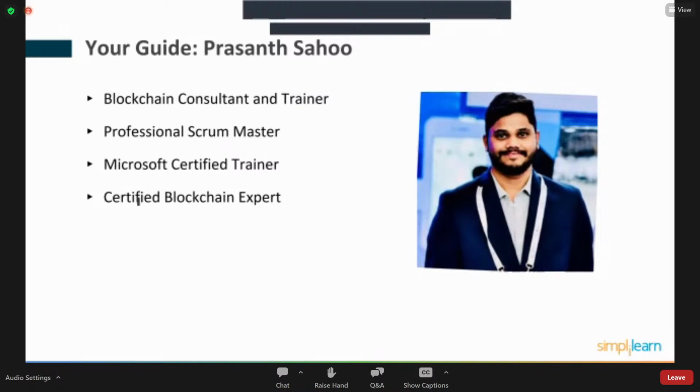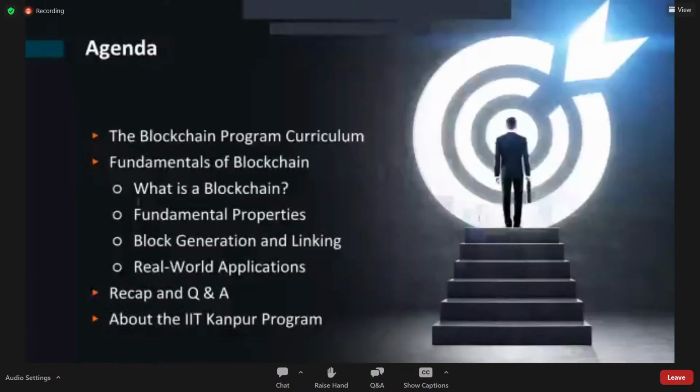We'll start with just the fundamentals of blockchain because it's a new technology. A lot of people are not familiar with it, so starting at the beginning makes sense for this particular exercise. And then after our Q&A, I'll tell you more about the IIT Kanpur program itself.